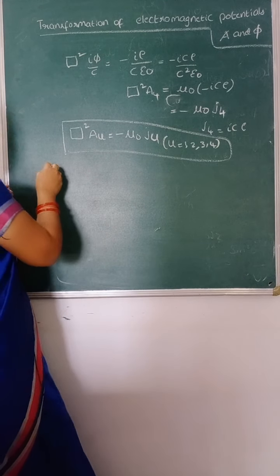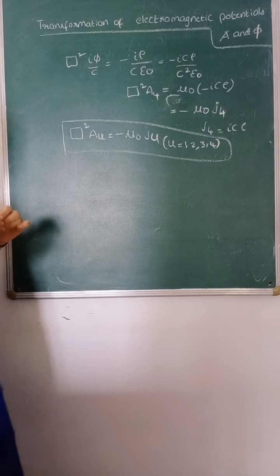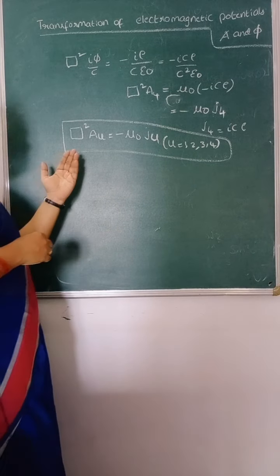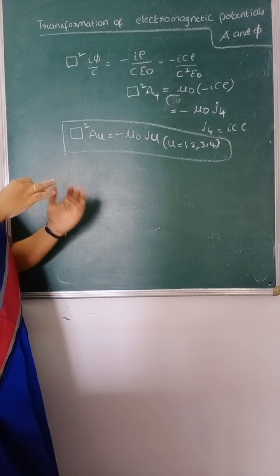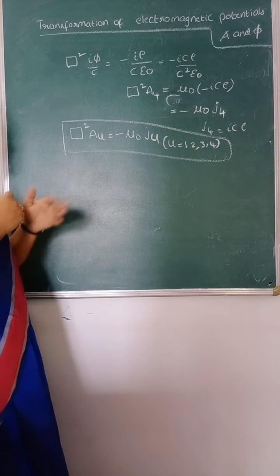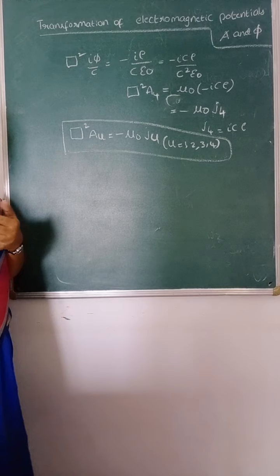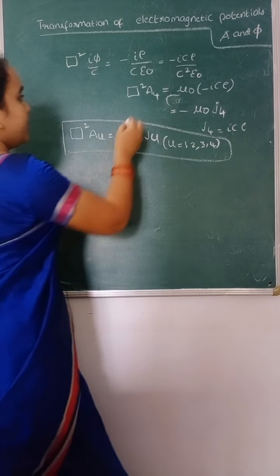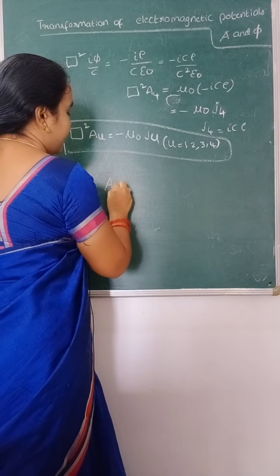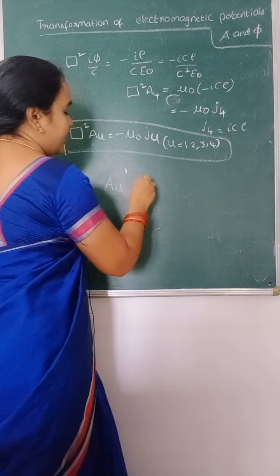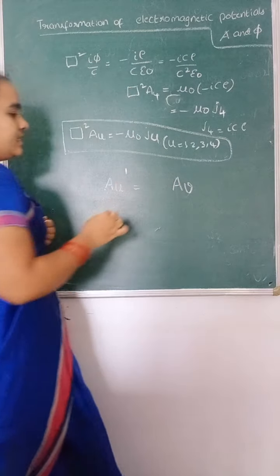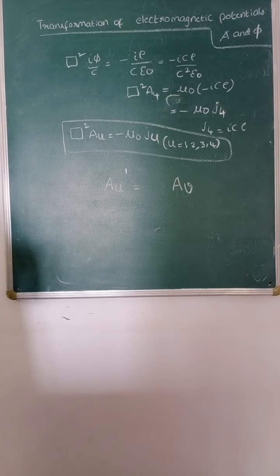Next is how we can transform from one inertial frame of reference to another frame of reference for these electromagnetic vector potentials. So consider this A_u. What is A_u? It is the magnetic vector potential in one frame of reference, and A_v is in the initial frame of reference.